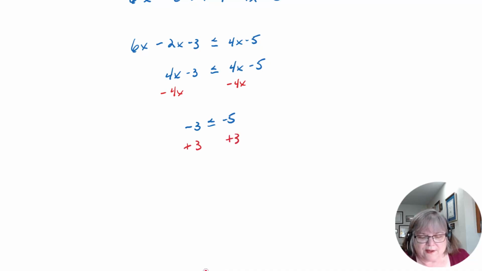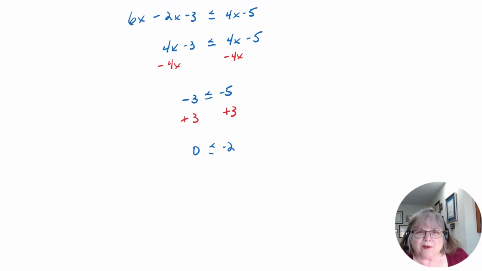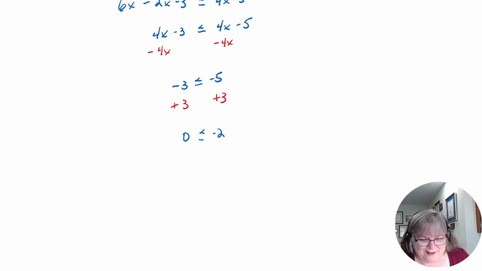So I'd have to do the same thing to the other side. And I'd have, is 0 less than or equal to negative 2? And that one, maybe you're more comfortable with. Is 0 less money than negative 2? No, 0 is no money, but negative 2 is even worse. All right, so this is a false statement. Both of these are false.